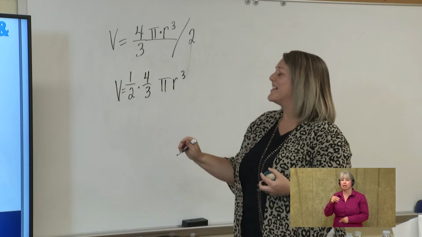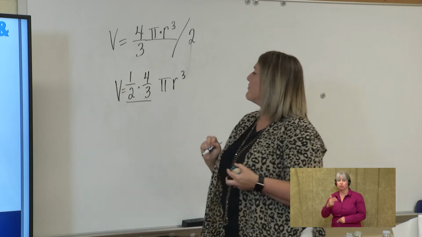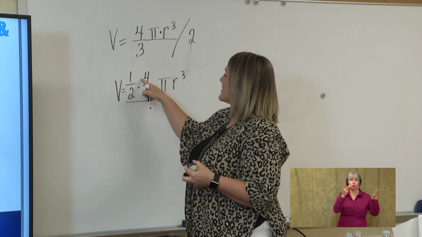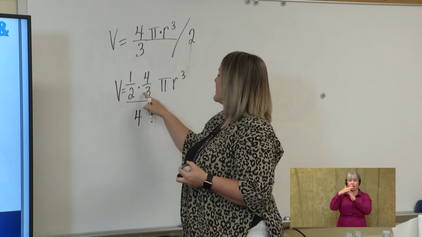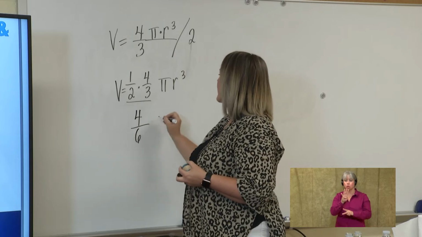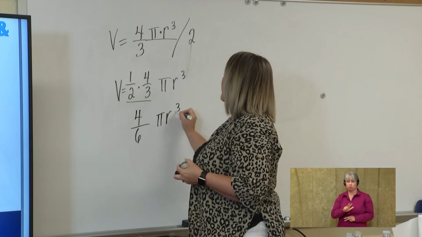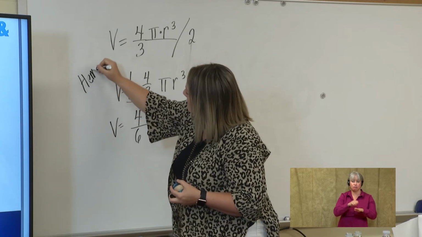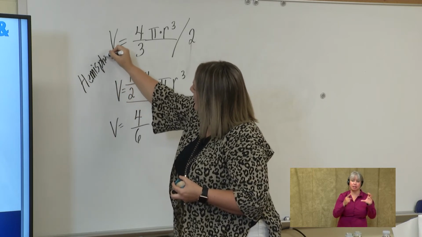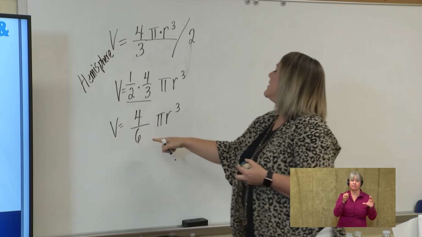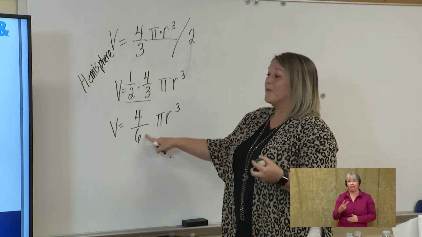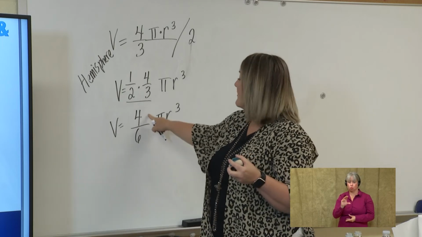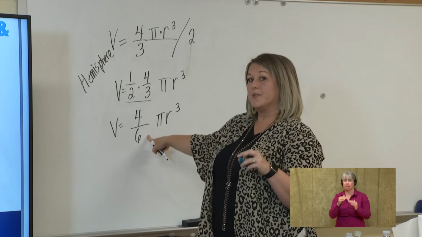Okay, stay with me here. So I pulled out my numbers here. I have 1/2 times 4/3. If I multiplied that, 1 times 4 and 2 times 3, this is what I would get for the volume of my hemisphere. Remember, we're talking about half of a sphere here. So I know that 4/6 can be reduced because they're both even numbers. And when I have even numbers, I know that 2 goes into them.